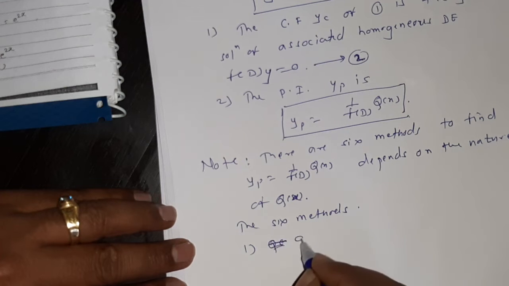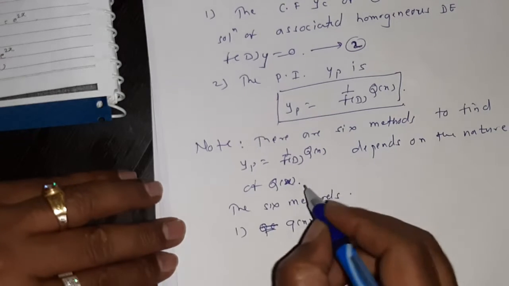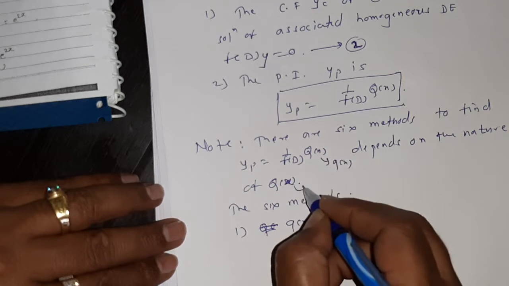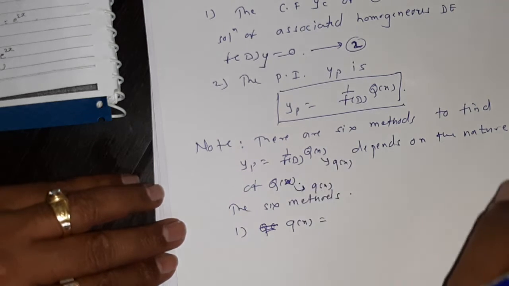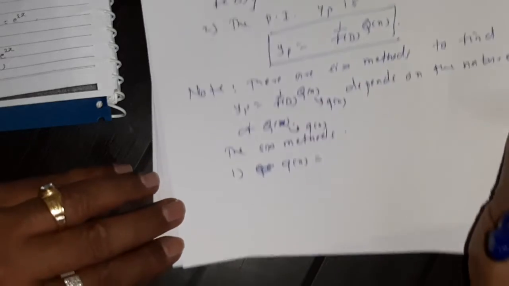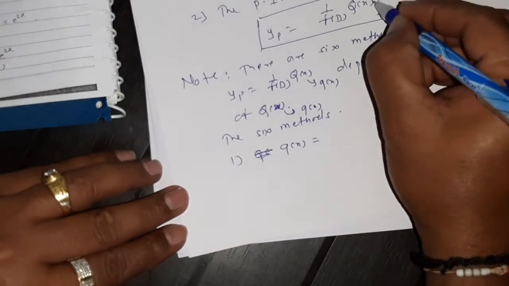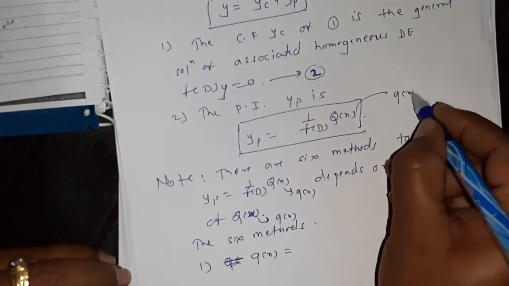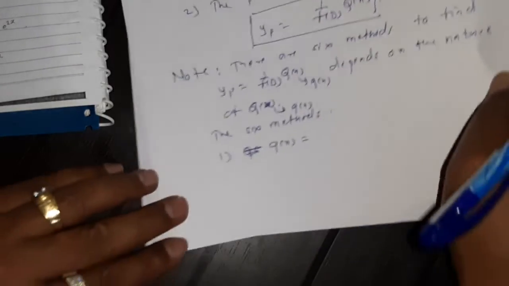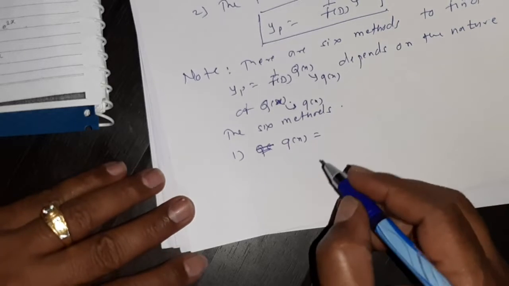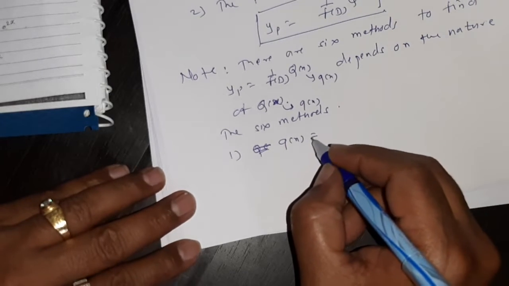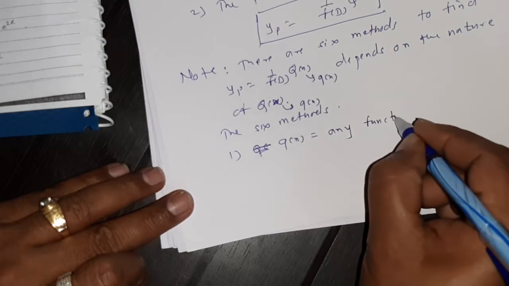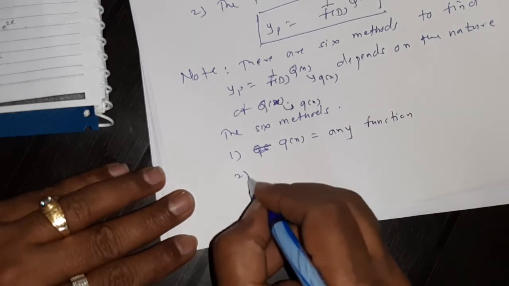The first is when Q(x) is any function, the general type.